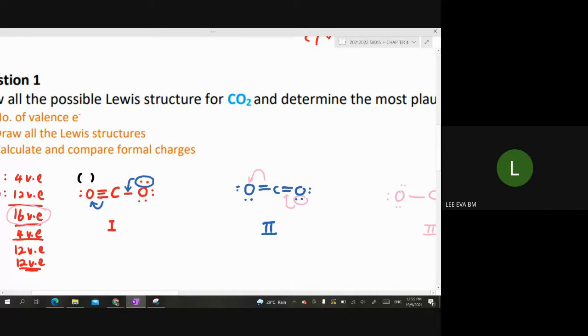Valence electron 6, right? 2 dots, so minus 2, 3 lines, minus 3. So what will be the formal charge for the first oxygen in the first structure? +1. How about carbon? 4 minus 4? 0. Oxygen over here.